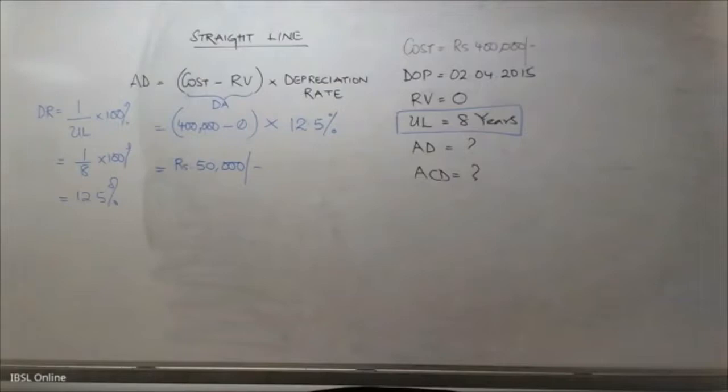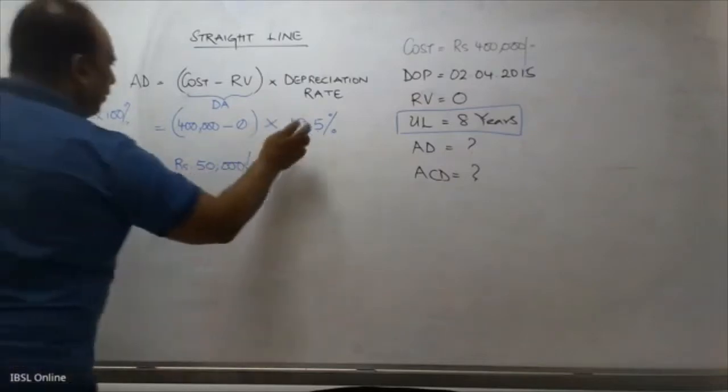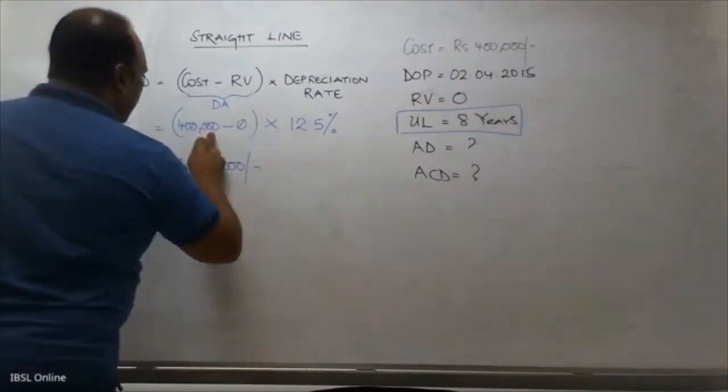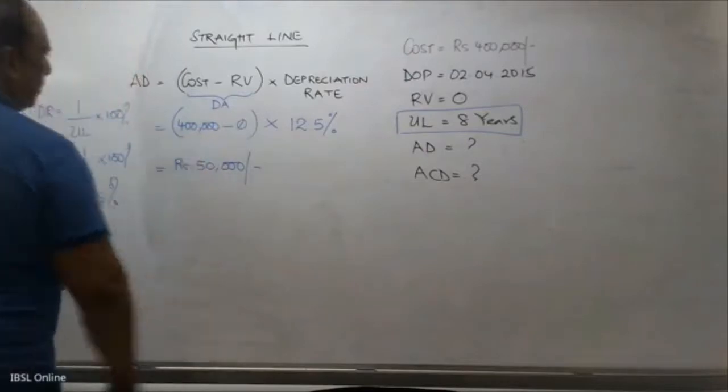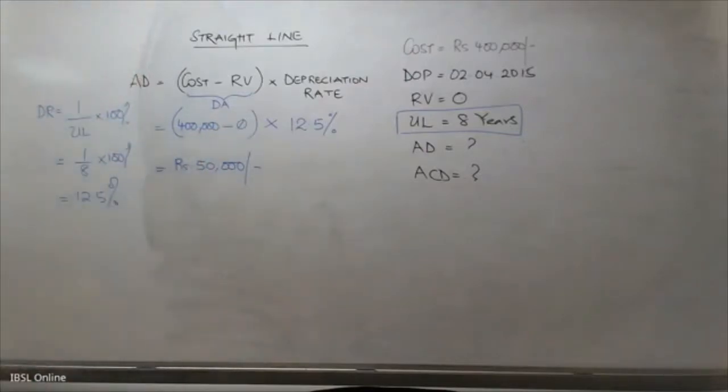So 1 upon 8 into 100% will give you 12.5%. So when I apply that 12.5% on 400,000, I get 50,000. So you can take down this for the first part of your question, that is to calculate the annual depreciation. Quickly take down.